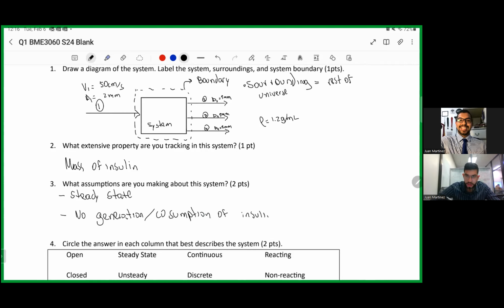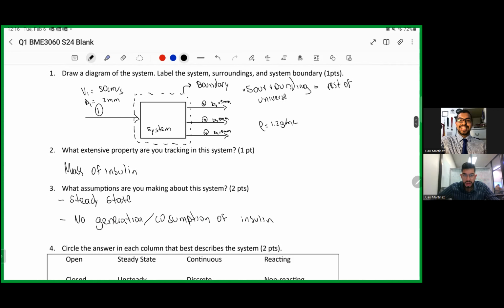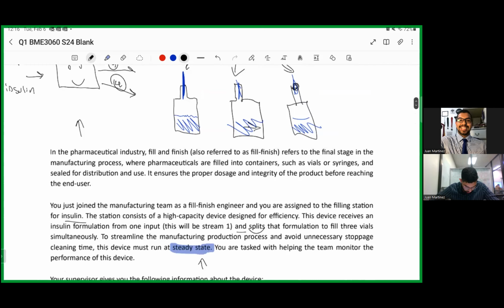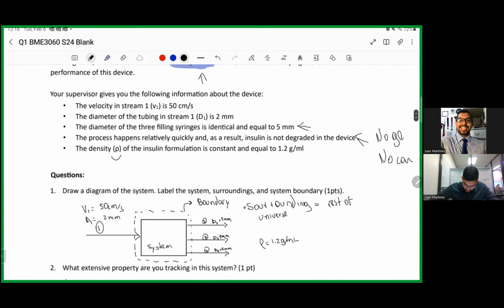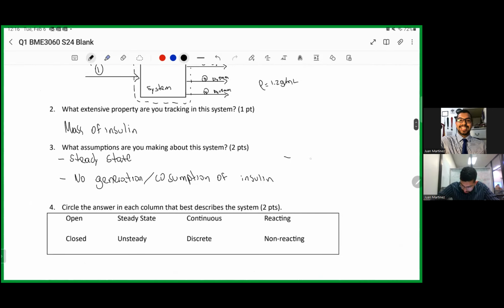So based on the problem, that's two things that we can say. We could also talk about the conservation of mass, which is that the mass coming in stream one is going to be equal to the mass coming out from stream two, stream three, and stream four. That's not something that you necessarily have to say, but I always like to state that.